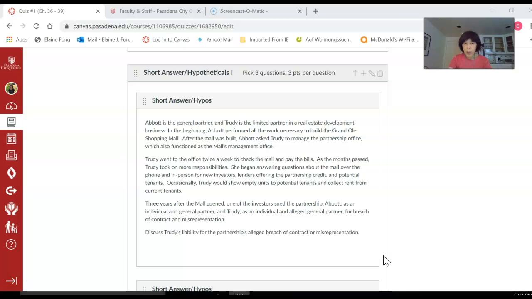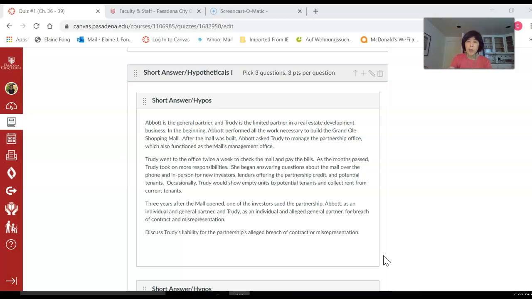So Trudy has started to look a lot more like a general partner, not the limited partner slash investor that she started out as. And so what results from that? The more responsibility she takes on, the more she looks like a general partner, she's going to be treated like a general partner.